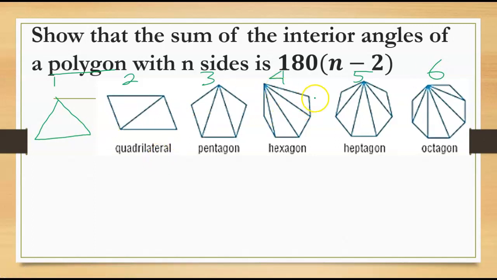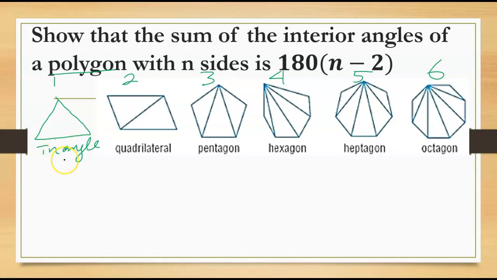Since we know the sum of angles in one triangle is 180, and triangle is the first to start with, the sum of this is going to be 180. Okay, so this is triangle. Since we named all of them, how many sides?